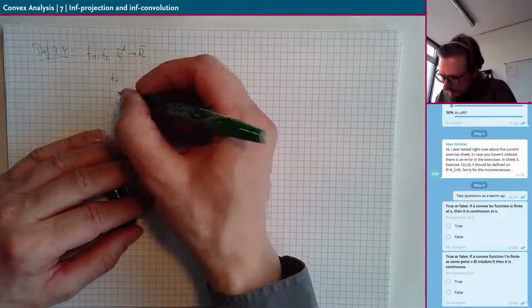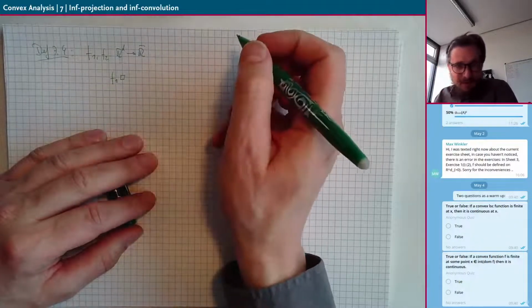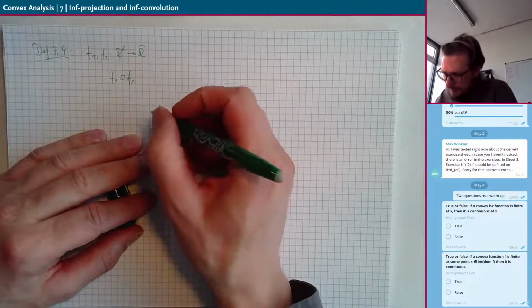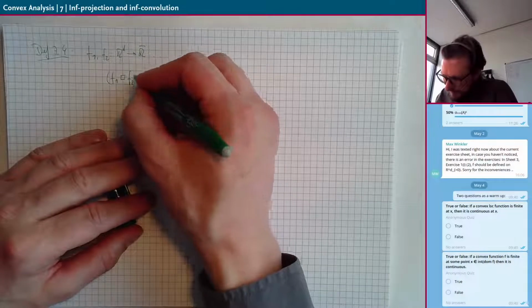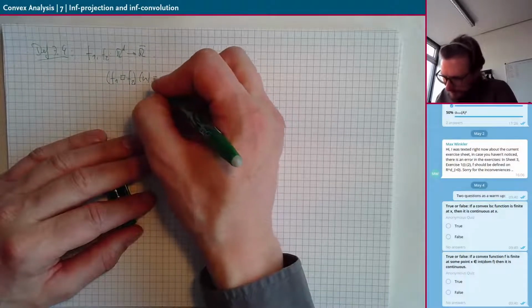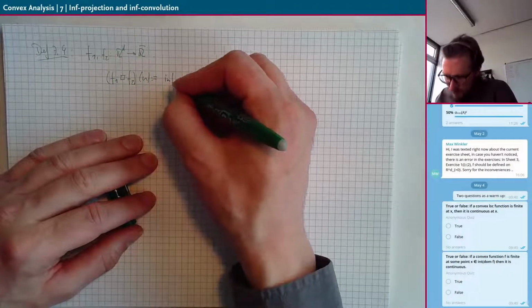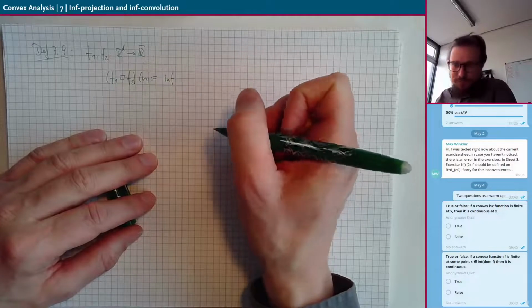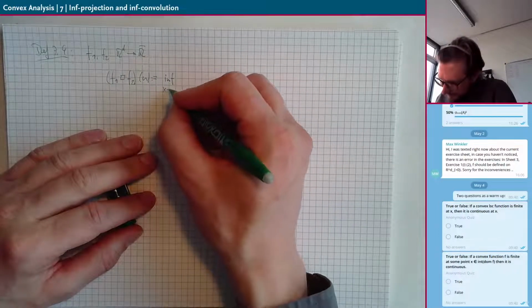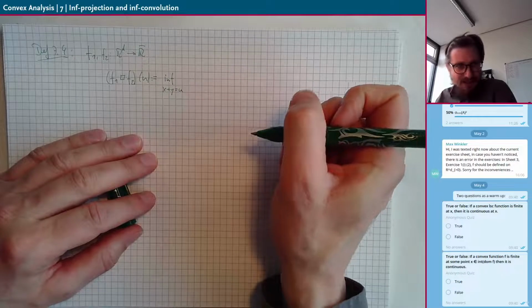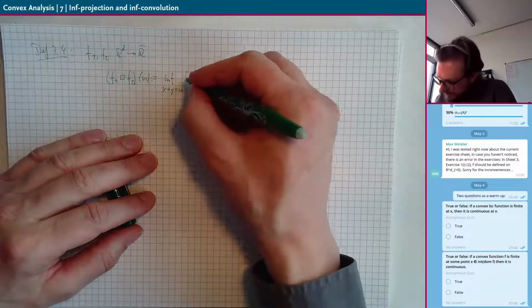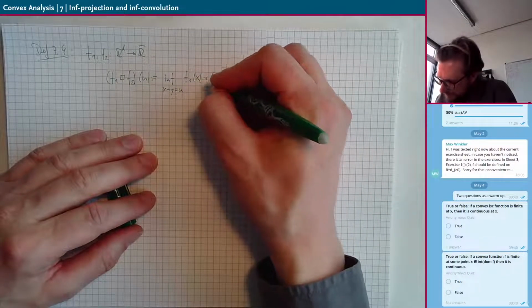It's called f1, and then we write a box in the middle. So f1 box f2 at some value u is defined as the infimum over all decompositions of u into two numbers, x plus y equal u, so additive decomposition. And then we take f1 at the value x and f2 at the value y.